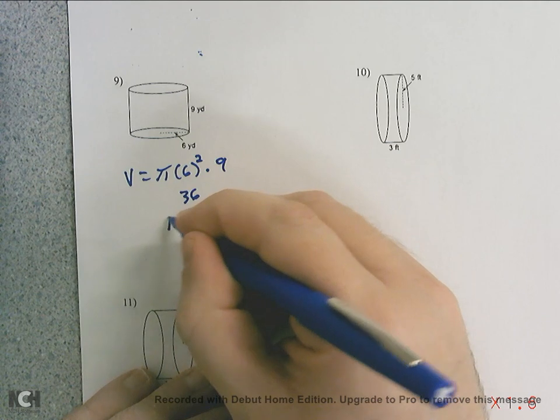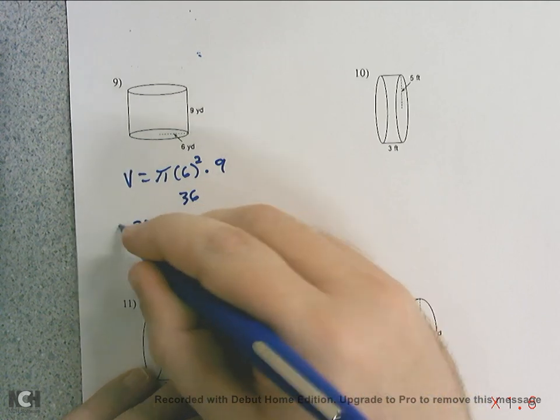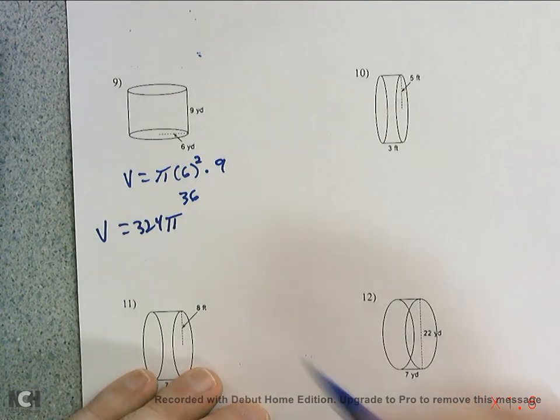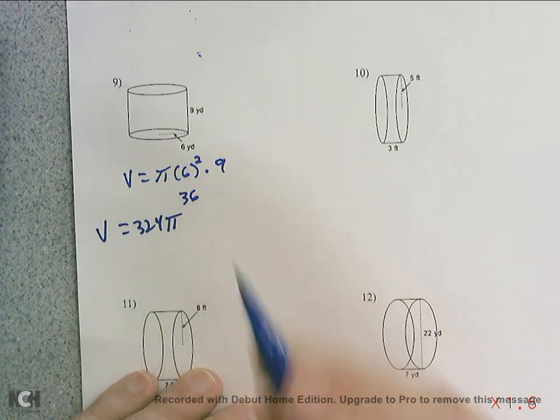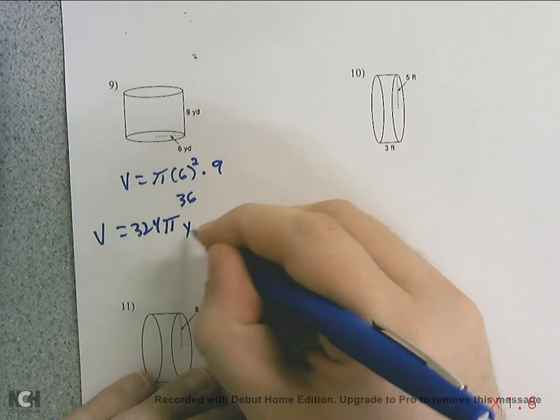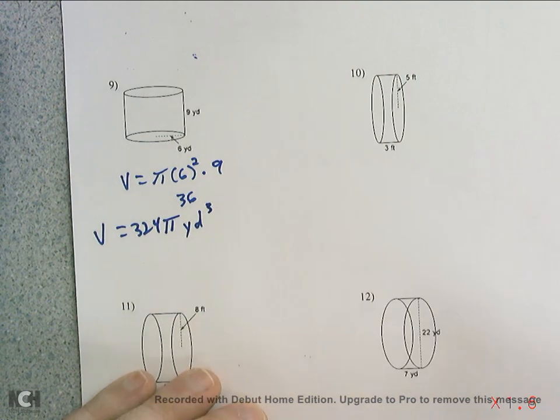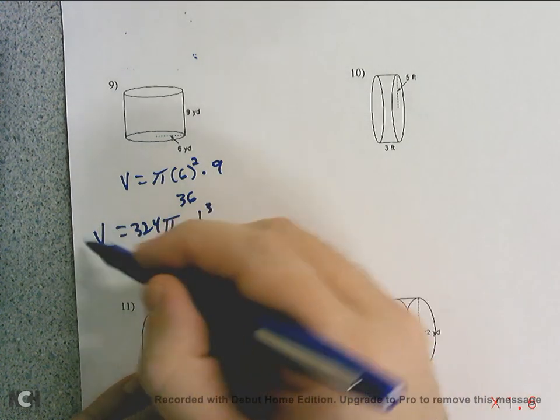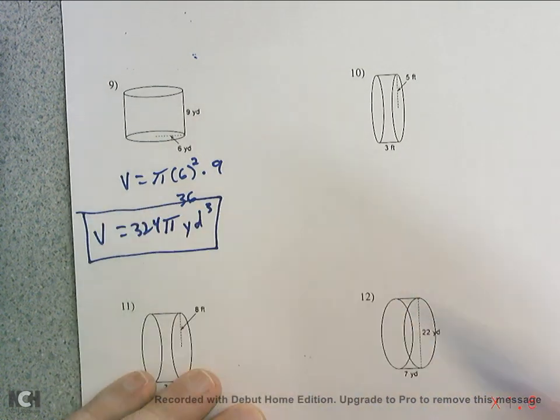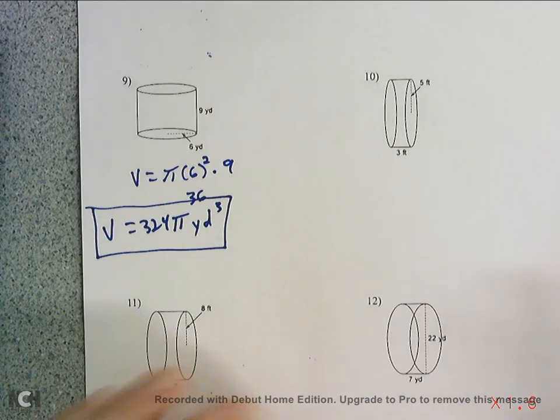So 324 pi equals the volume. That's as low as I can go with pi still in there. So 324 pi yards cubed would be my answer. Not too tough. Let's try one more.